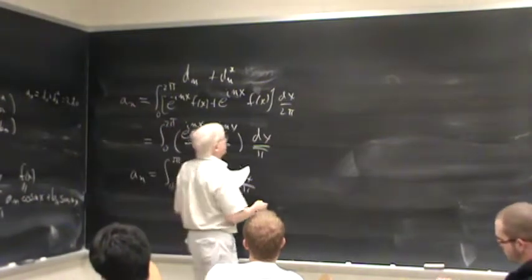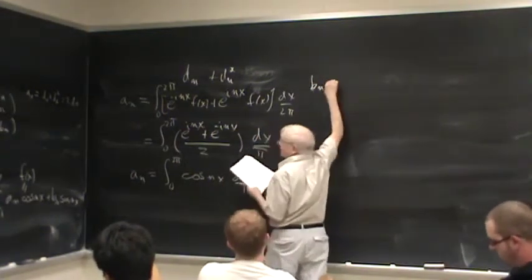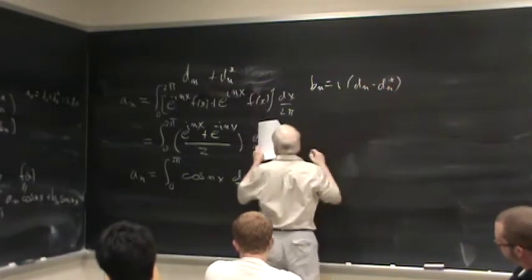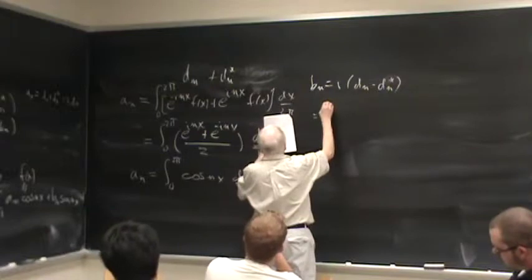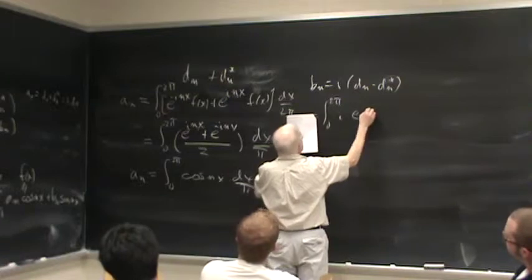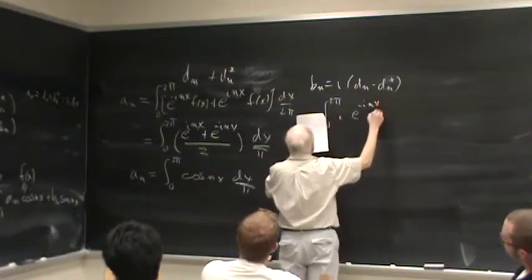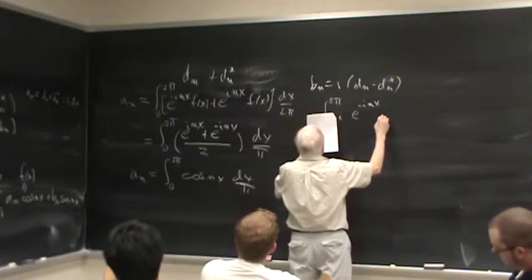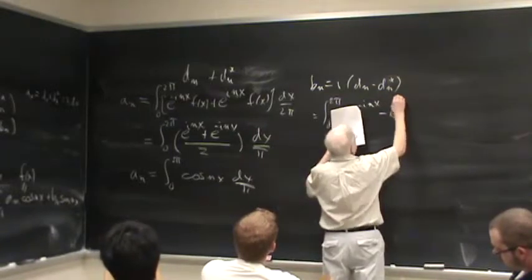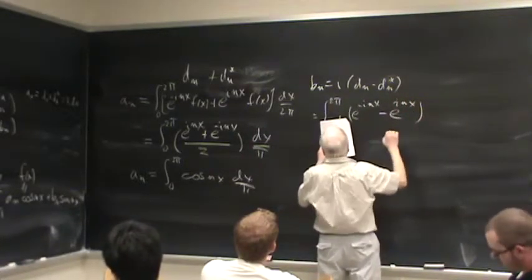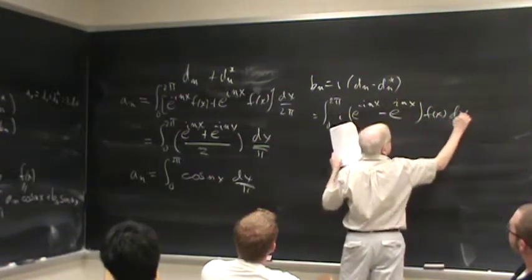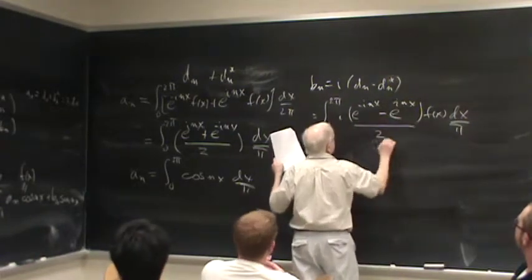What about bn? Well, bn is i times dn minus dn star. And so this is the integral from 0 to 2 pi of i e to the minus i n x. f, of course, is real, so we can say minus e to the i n x f of x, dx over pi, and we put the 2 here.